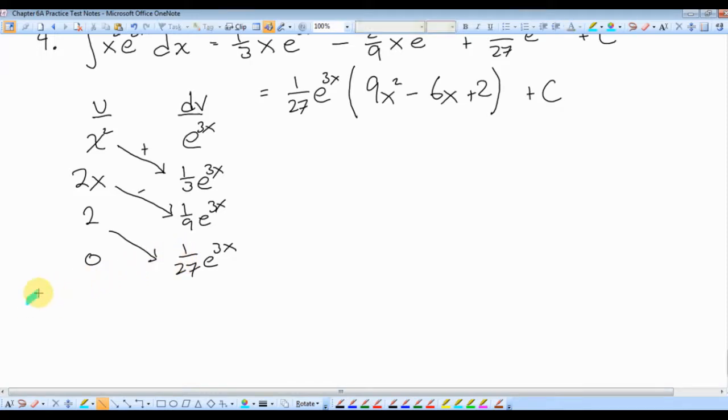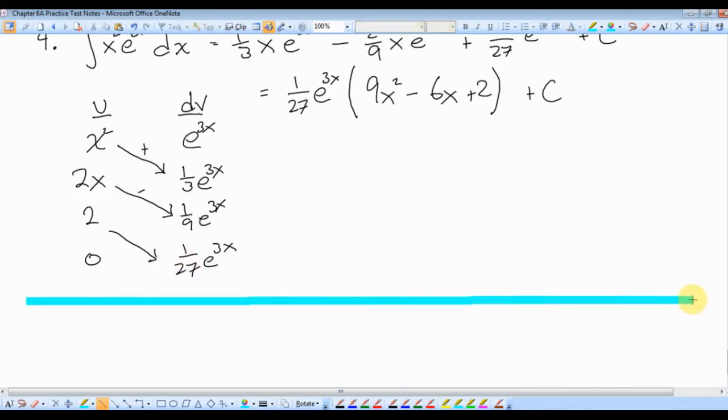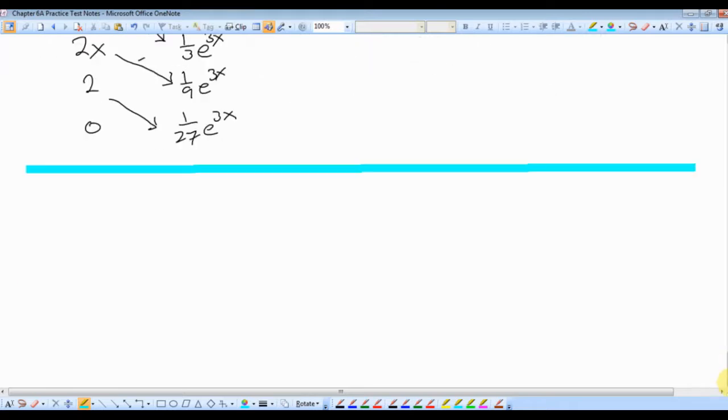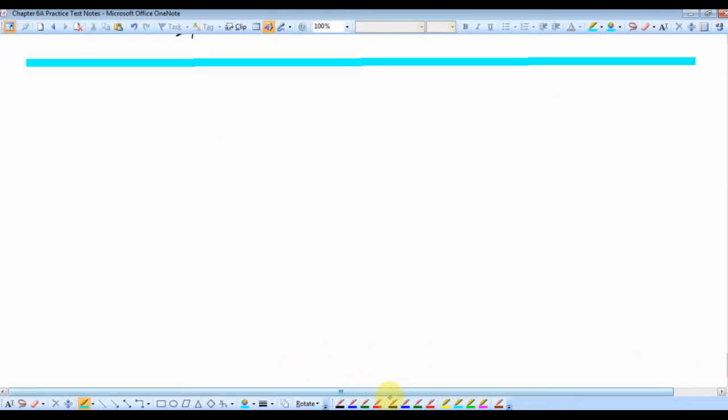Let me look at it. It's the same answer, it's just differently simplified. Oh, yeah, it's the same thing. It just didn't factor out 1/27. I don't know why I factored out 1/3.